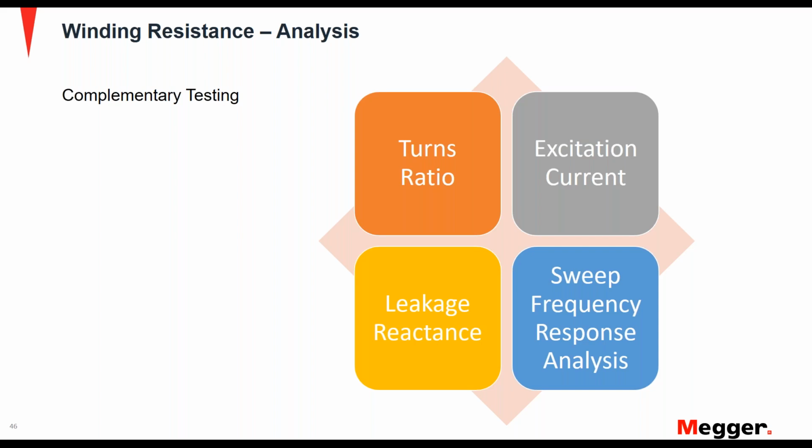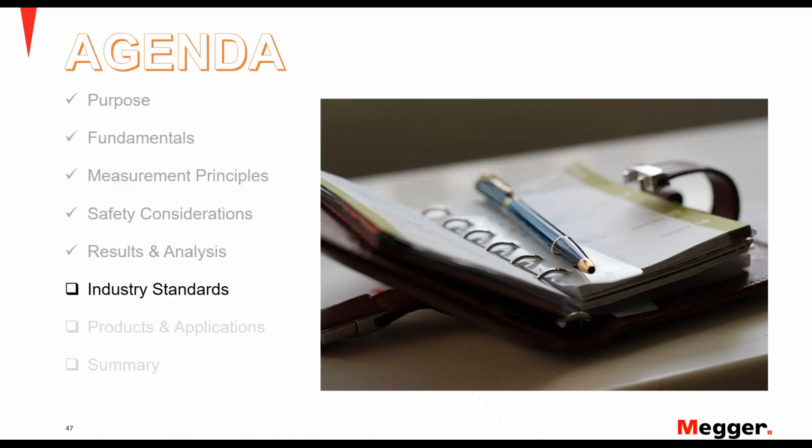And then you have other tests such as leakage reactance and sweep frequency response analysis, also known as SFRA. So it is a combination of all these tests that should be utilized when questionable results are obtained. It should not be a unilateral decision. You should rely on data that is consistent across all such tests to make sure that your winding condition is acceptable or maintenance is required.